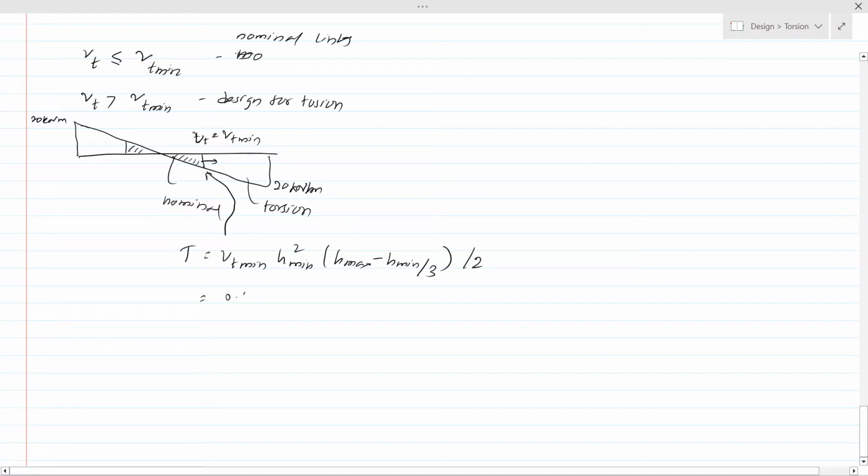This is 0.37, this is 300 squared, and H max is 600, H minimum is 300 divided by 3, the whole thing divided by 2. Then the moment will be 8.33 kilonewton meter.